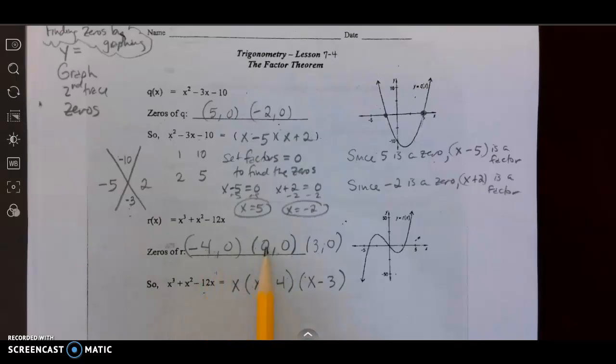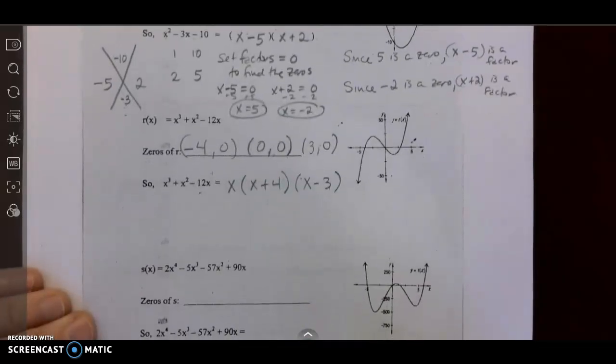So since I know the zeros, I automatically know the factors. So negative 4 gives me x plus 4. 0, 0 gives me x plus 0, which is just x, and 3, 0 gives me x minus 3, because 3 minus 3 would be 0.